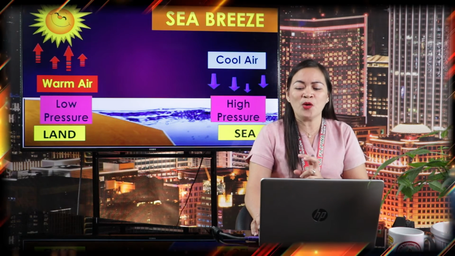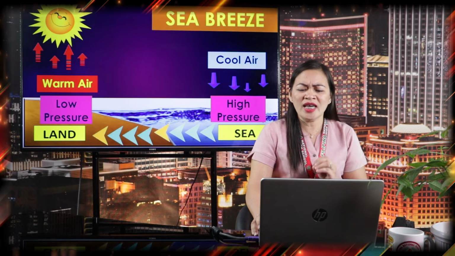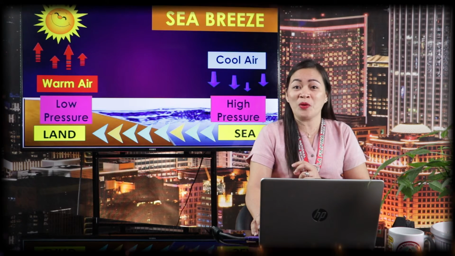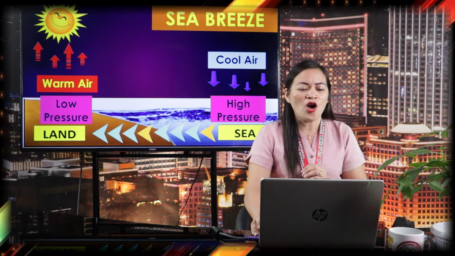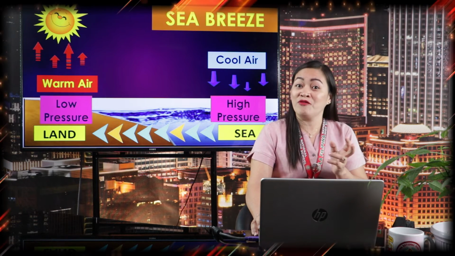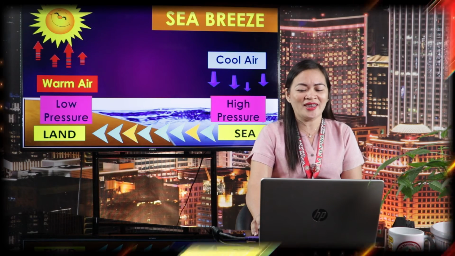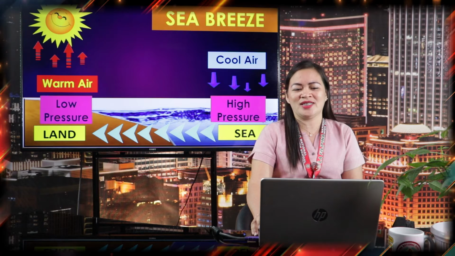So the direction of the wind is from sea to land. Since winds are named from where they come from, this wind is called sea breeze because it goes from the sea to the land. Have you recalled your experience with the breeze at the beach during daytime? The breeze you felt is called sea breeze.